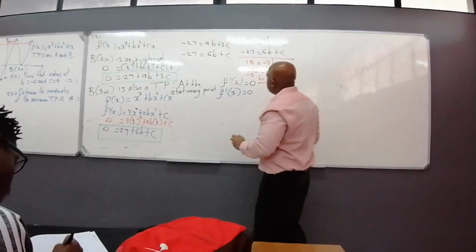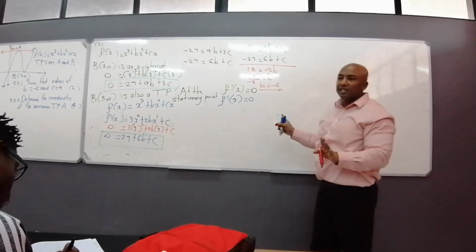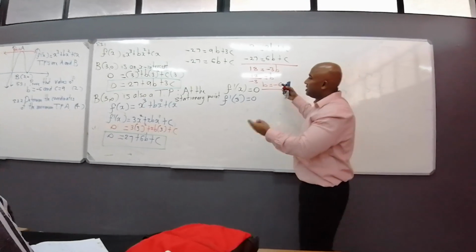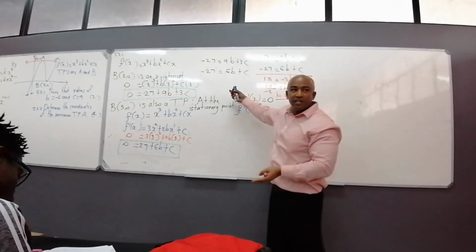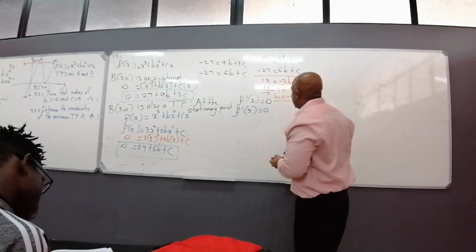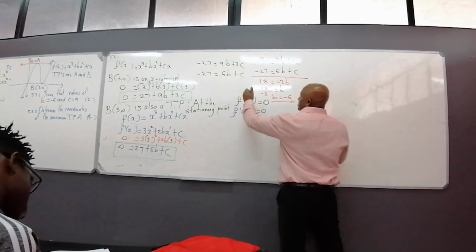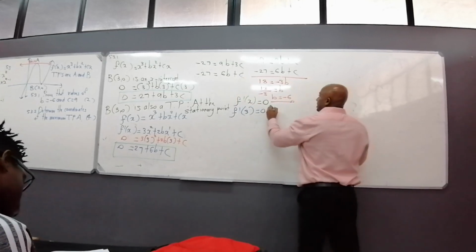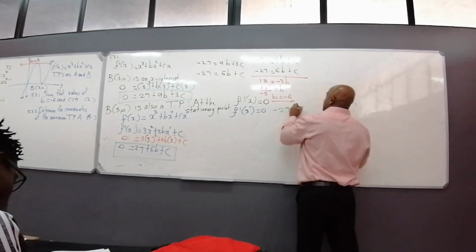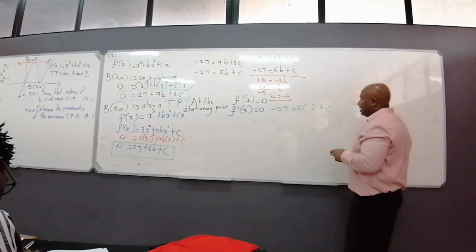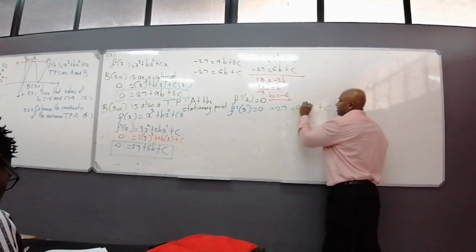That is true. Now I don't have to use elimination again. If I already have b, all I have to do is substitute into any one of the original equations and work out c. So let me choose this one. Minus 27 is equal to 6 times b plus c. What is b? It's minus 6.